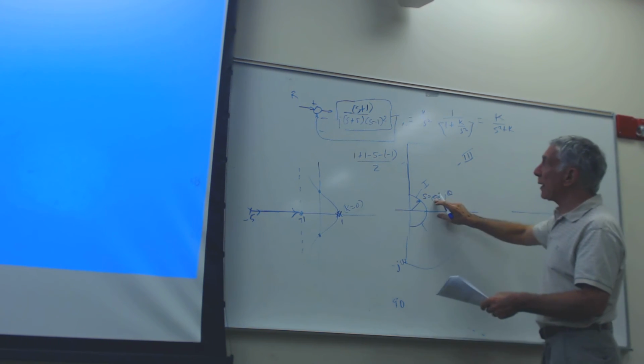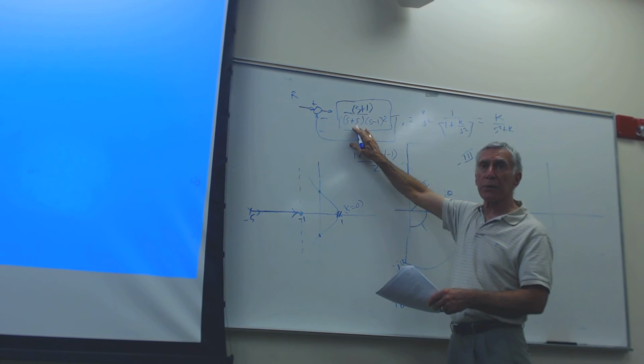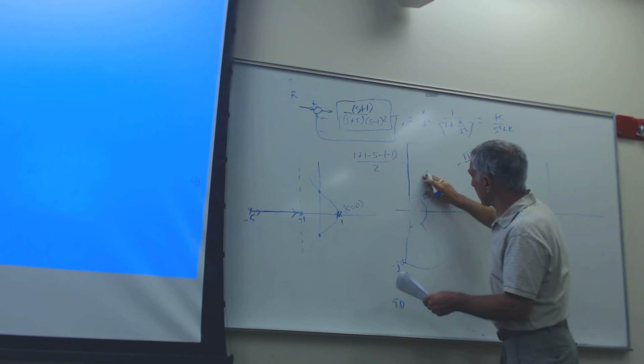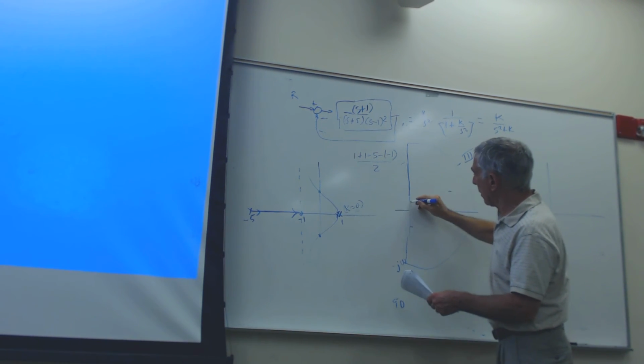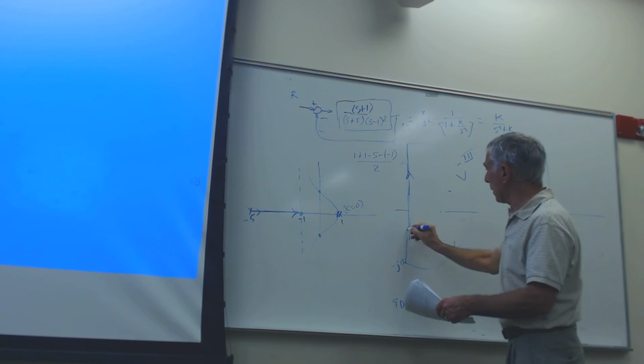We have to route around. Actually, we don't have to route around because we don't have any poles at the origin, right? No poles at the origin. So in that case, it just goes straight up, right? Straight up like that, and around like that.